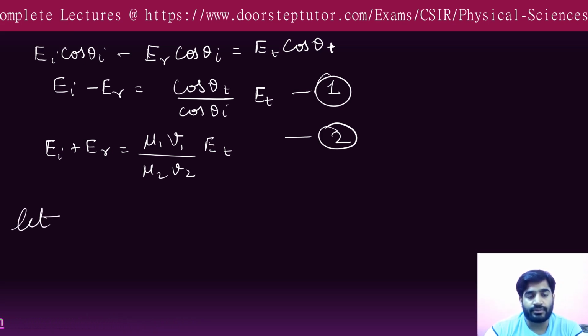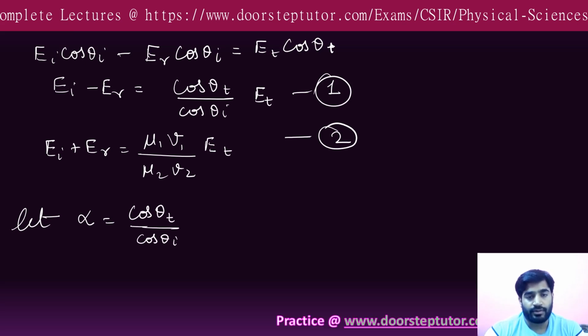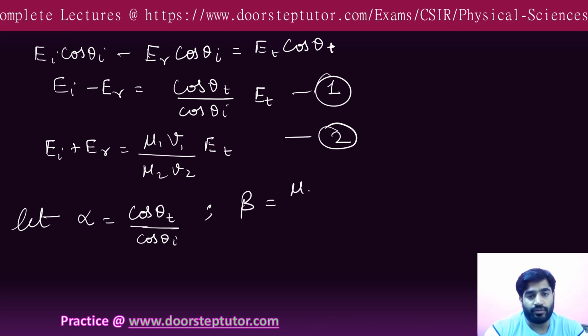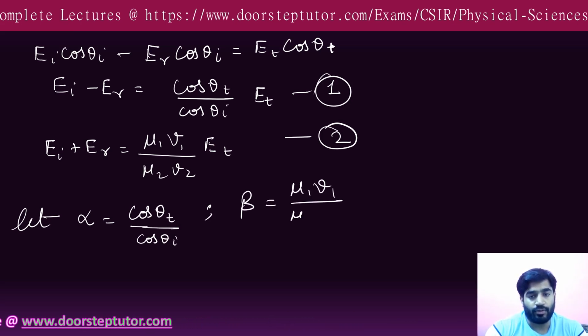Let alpha equal cos theta T over cos theta I, and beta equal mu1 B1 over mu2 B2.